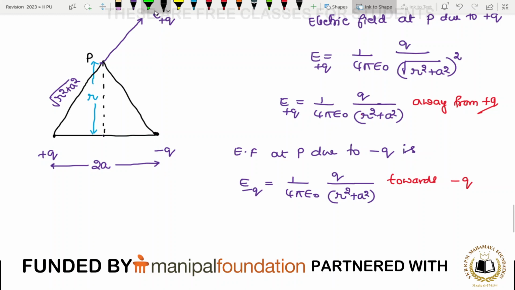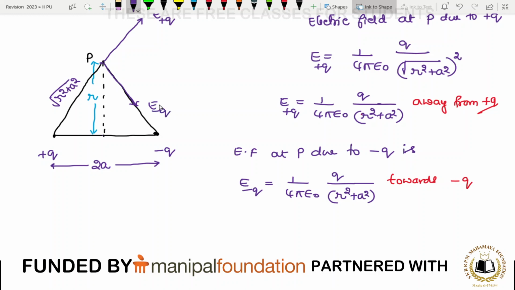Okay. Same line. I'll mark the direction of the electric field also. So you make one straight line by using a scale. Now this length and this length should be the same.